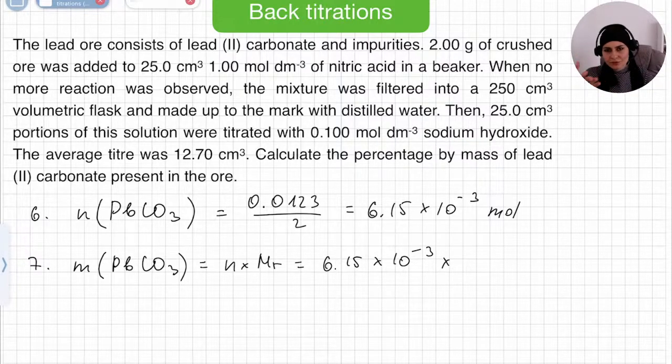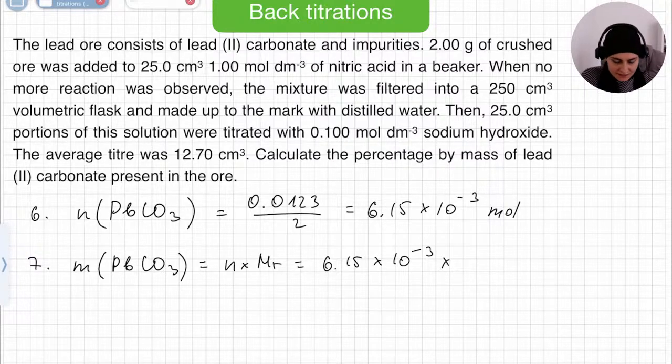If you don't know how to find the mass, probably you shouldn't have watched this whole video. Maybe I should have said it in the beginning, but I'm not explaining easy things. If you don't know how to find the mass of lead carbonate, then it's definitely not the time to solve back titration questions. You have to first go back and learn how to do simple stoichiometry questions.